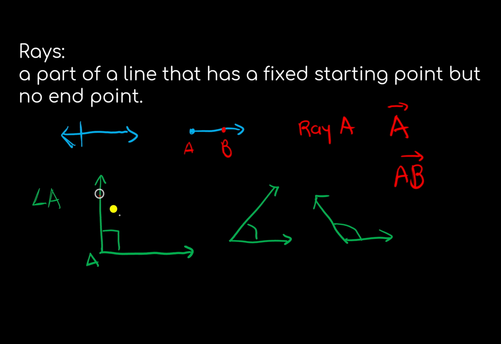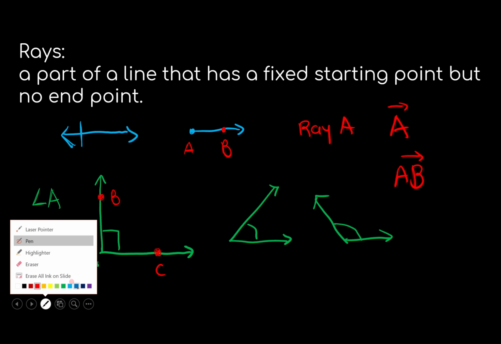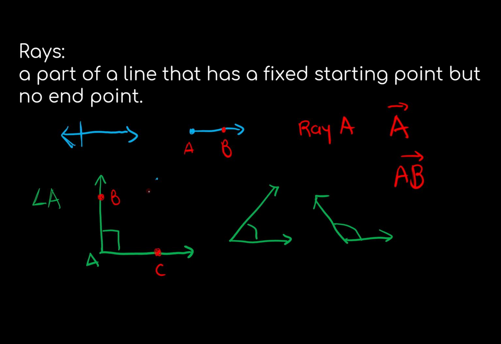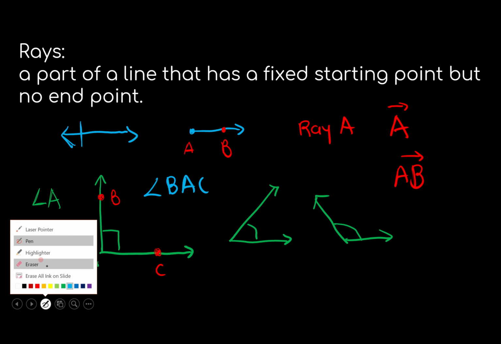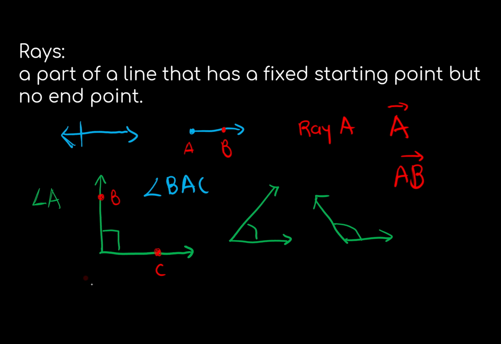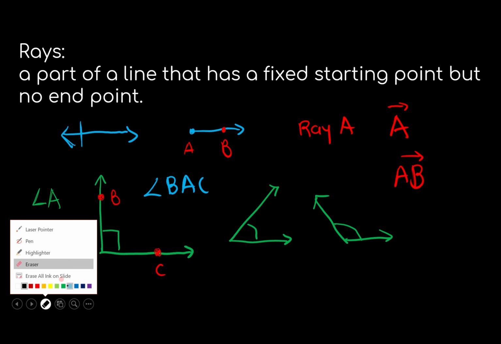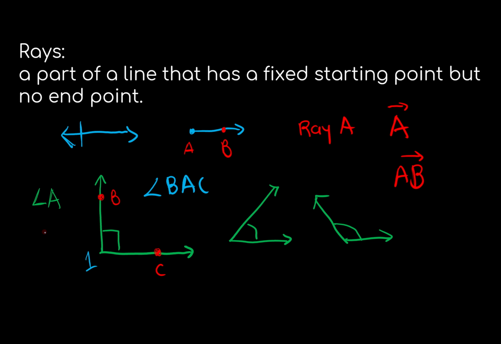Also another one right here, with B, and then this is C. So we can have angle BAC. And this can also be not a letter but a number, like this. So this is angle 1.